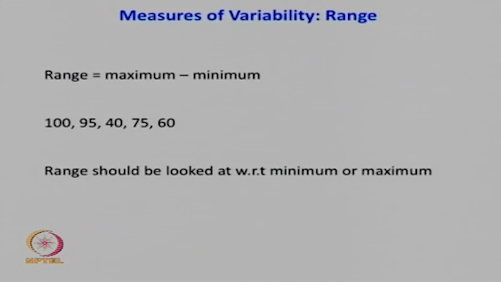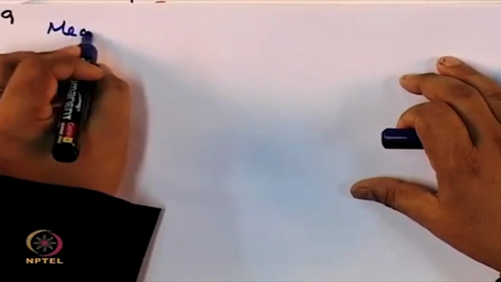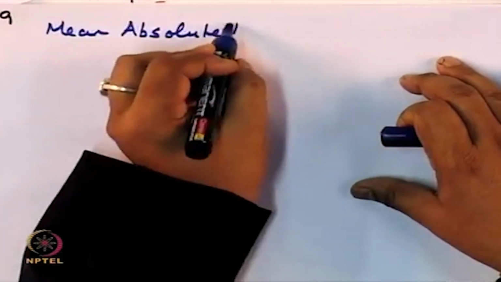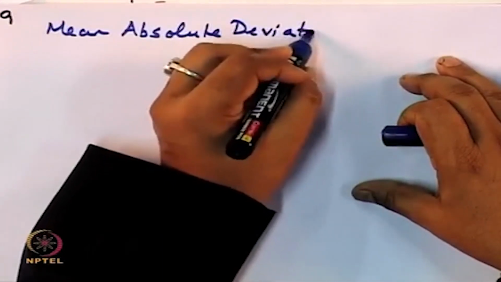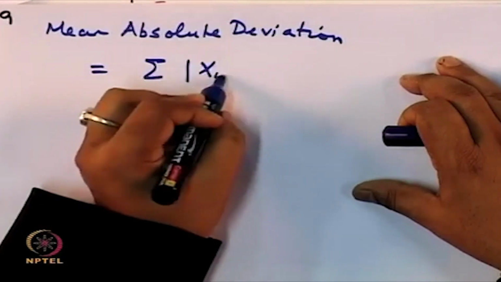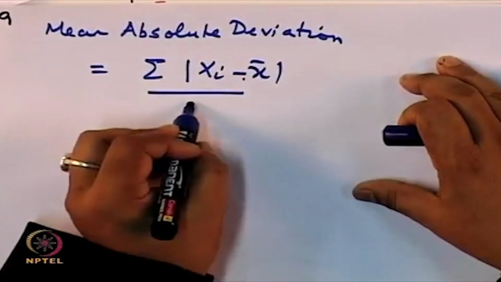Another way of measuring variability is using the mean absolute deviation. We can work out this particular example. The mean absolute deviation is the summation of mod of xi minus x bar, divided by n.